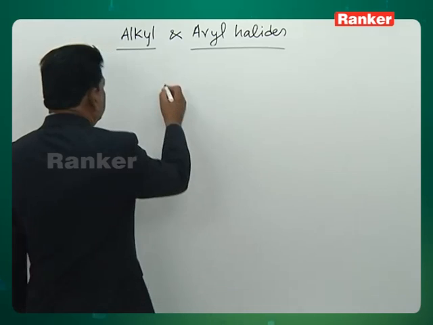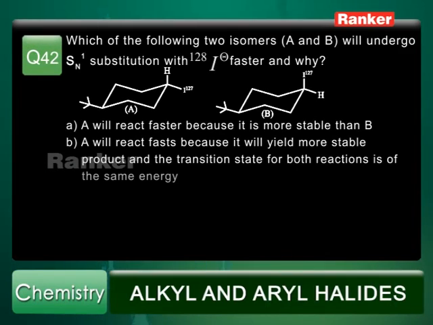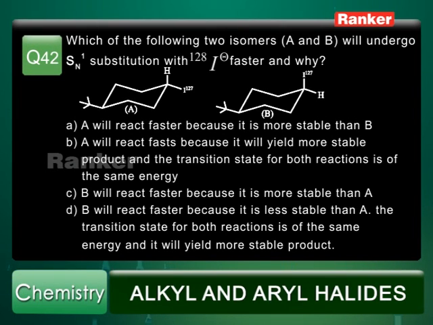Let's go to the 42nd question. Which of the following two isomers A and B will undergo SN1 substitution with isotopic iodine-128 faster, and why? In this reaction, compounds A and B are isomeric, both are very close.